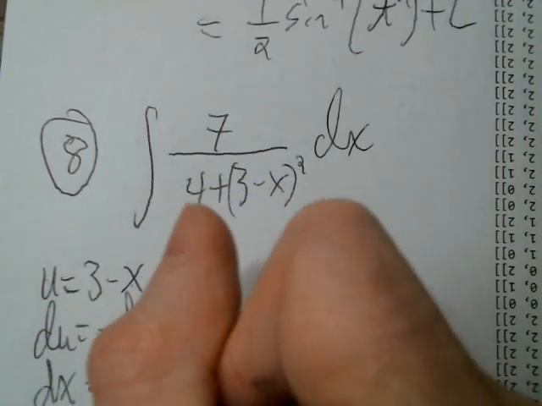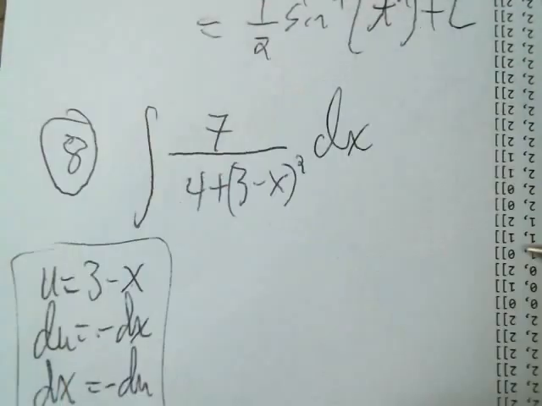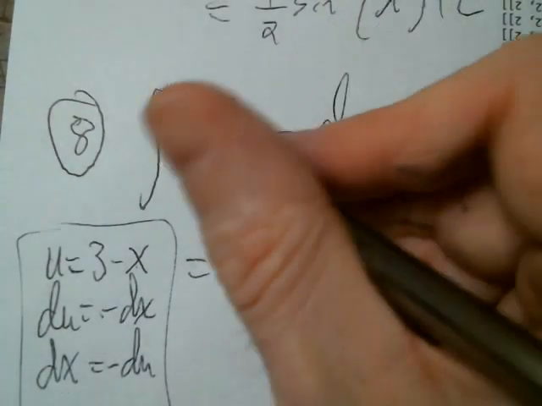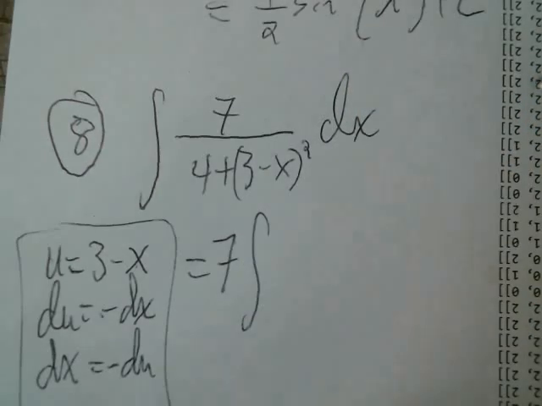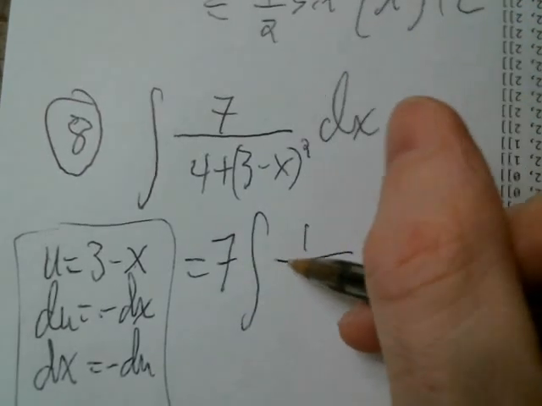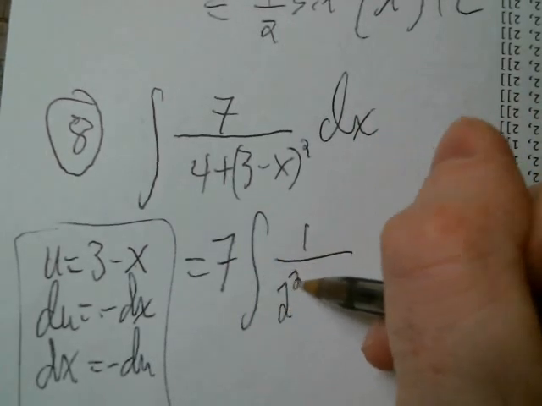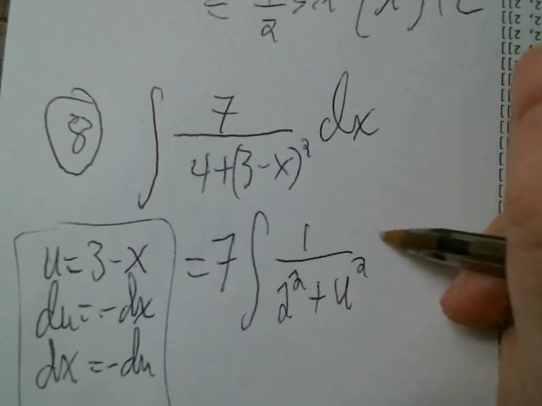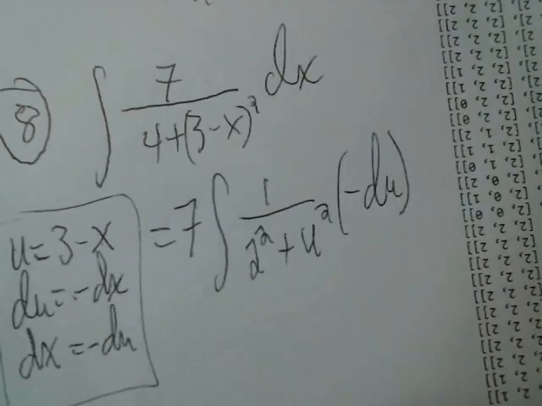So dx is negative du. Okay. So I'm ending up with my integral. I can factor out the 7. So I have 7 integral of 1 all over something squared, which is 4. So 2 squared. So a is 2. Plus u squared, and then dx is now negative du.